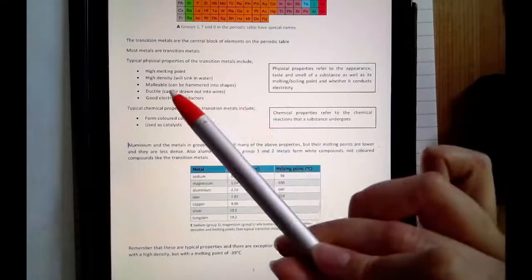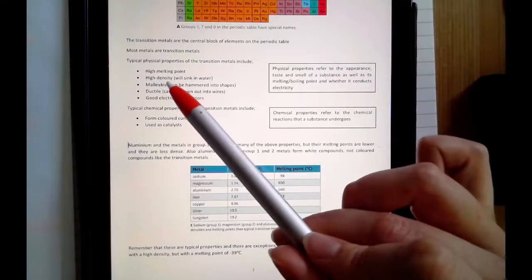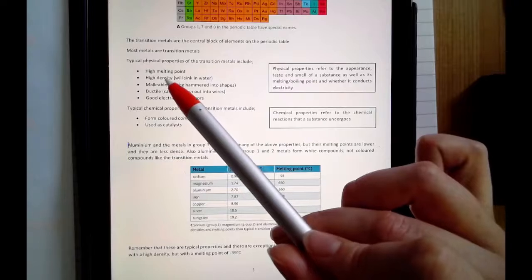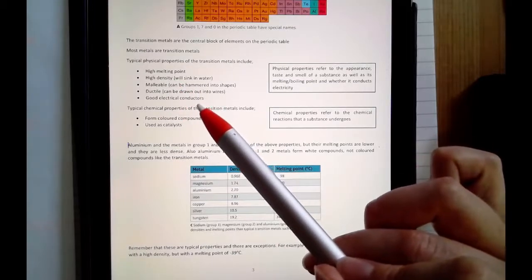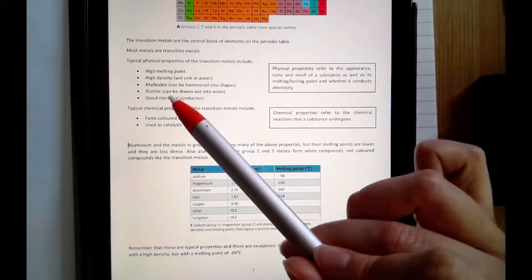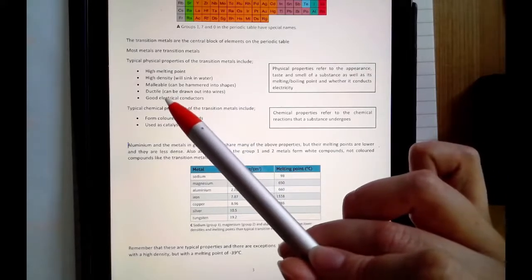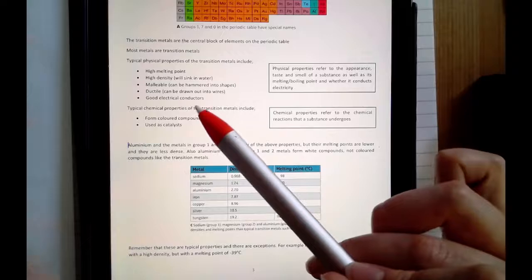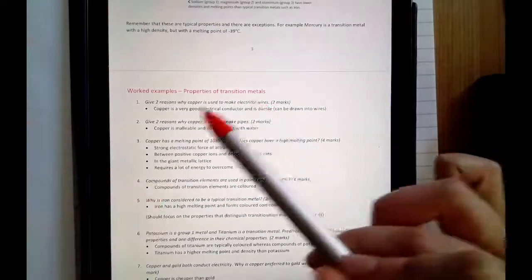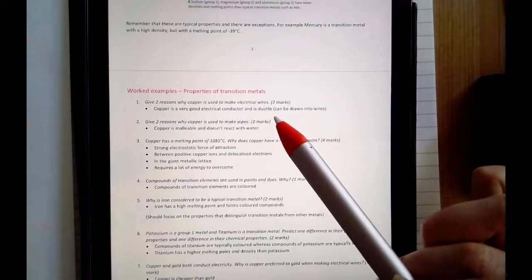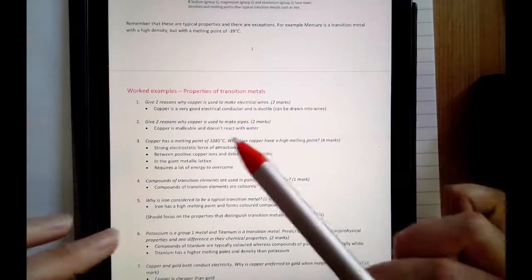For example, copper is not used in electrical wires because of its high density. Okay? Copper is used in wires because it's good at conducting electricity. It's also ductile. So they're the 2 properties that copper possesses that are important for being used as an electrical wire, and they're the 2 properties I'm going to mention in my answer.